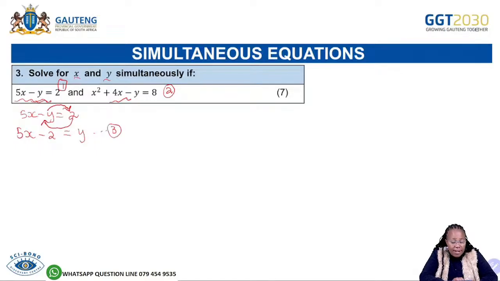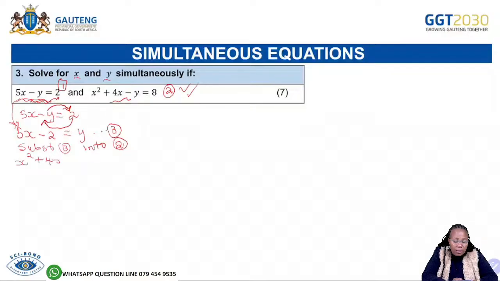After identifying 3, you'll substitute equation 3 into equation 2. You can't substitute into the same equation, because it's the one that created equation 3. We take the one that we didn't use, which is x squared plus 4x minus y equal to 8.